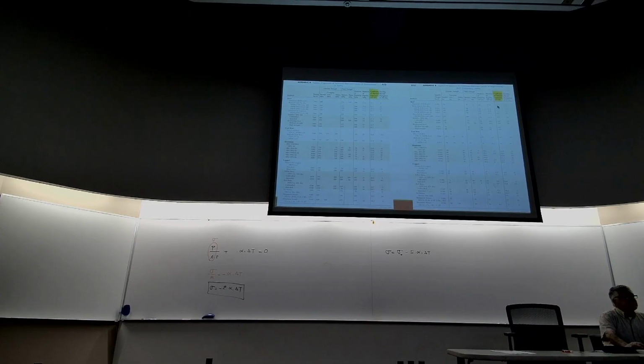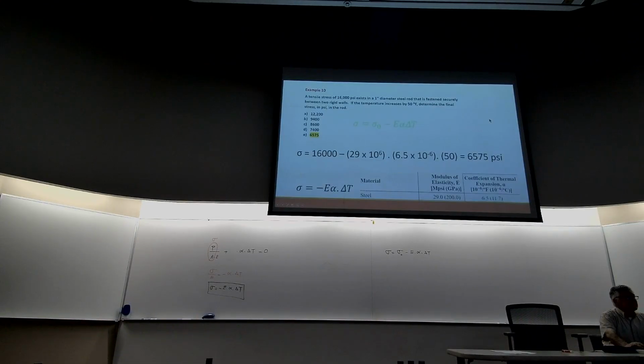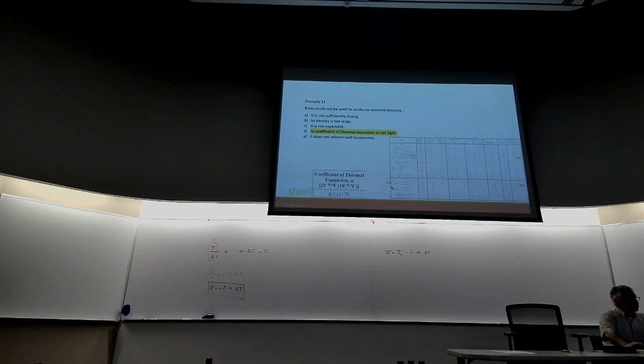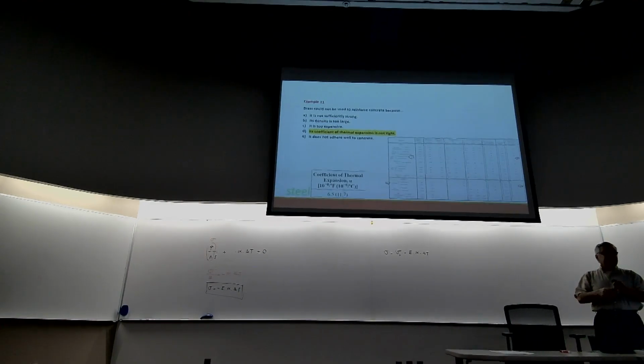The table from your book, same thing, 6.5 times 10 to the minus 6. So as you can see, they're close. 6.5 for steel, 6 for concrete. But if you look at brass, red brass, which is here, alpha is 9.8 times 10 to the minus 6 per degrees Fahrenheit. 6 and 9.8 are quite different numbers, but 6 and 6.5 are very close.